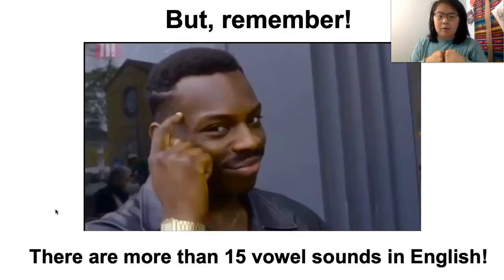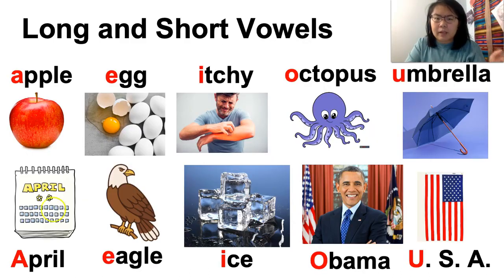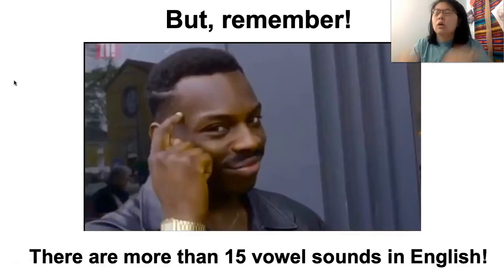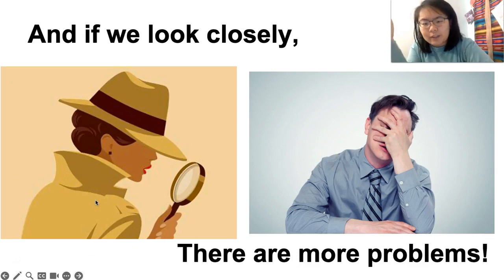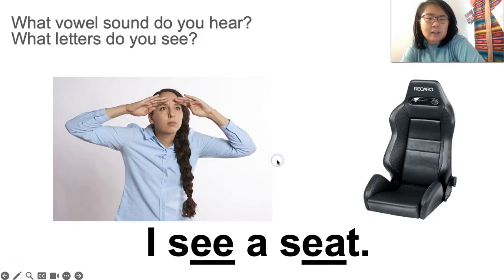So remember, we just learned that there are more than 15 vowel sounds in English, right? I don't see 15 sounds. I see maybe 10, right? Long and short of each. So, what are we going to do? First, we're going to look a little more closely, and unfortunately, we will find more problems if we look closer.